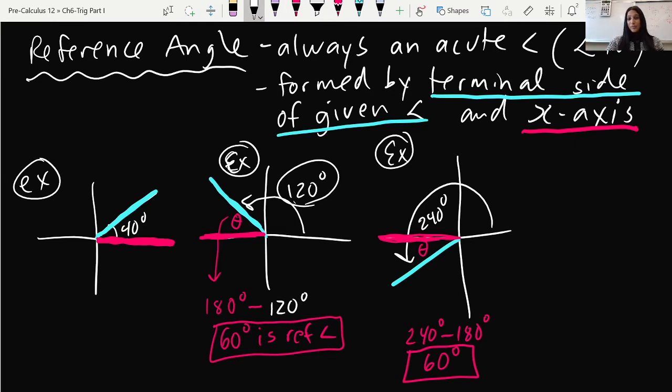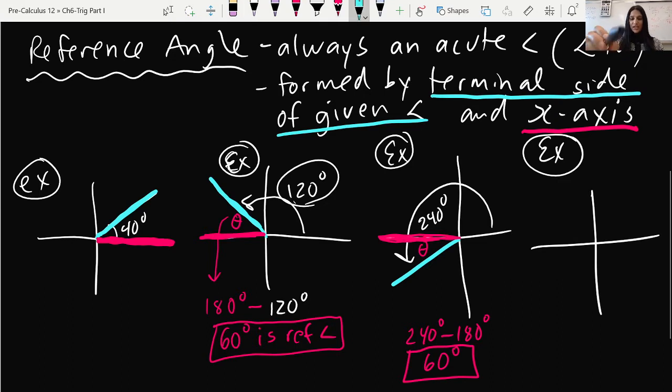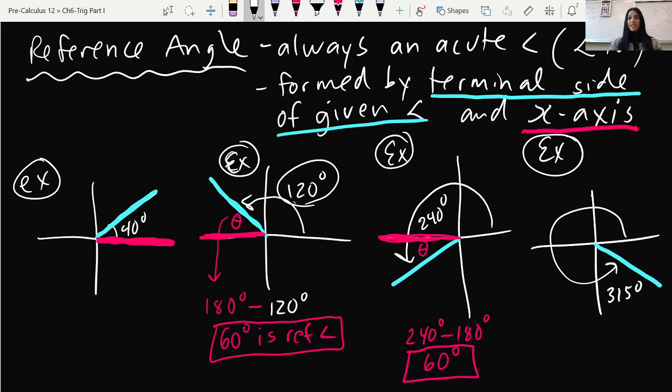I'm guessing you probably don't even need this last example, but we're going to very quickly run through it just to show you how it would look in the last quadrant. Let's say I go all the way around and I have an angle around right here. When I go all the way around like this, I know it's 315 degrees, but that's not my reference angle.